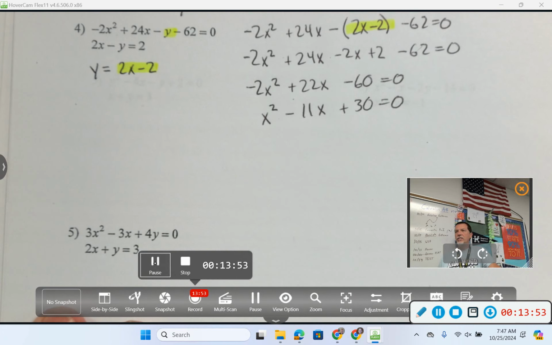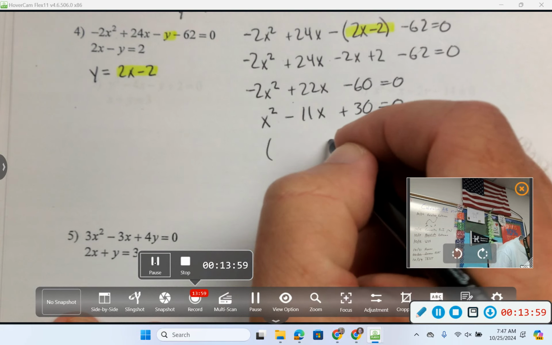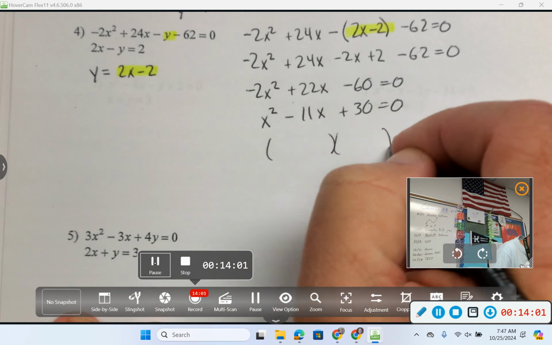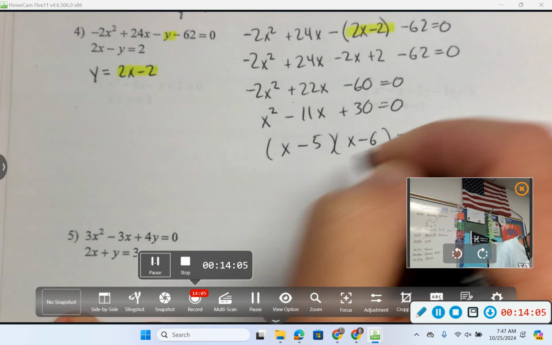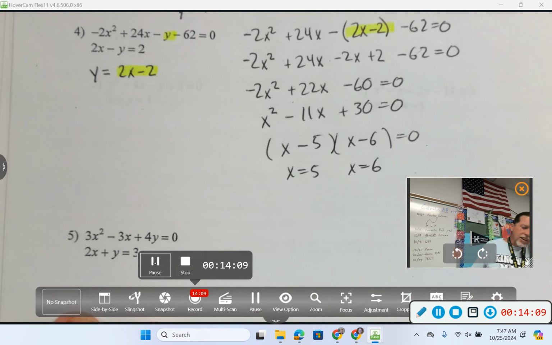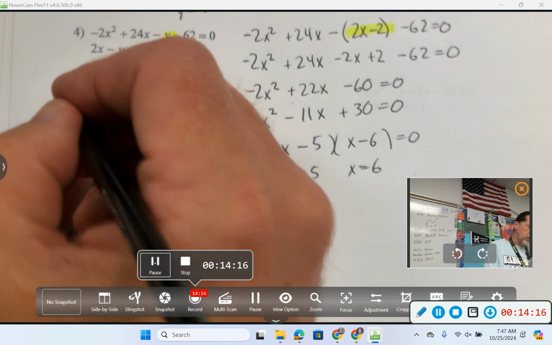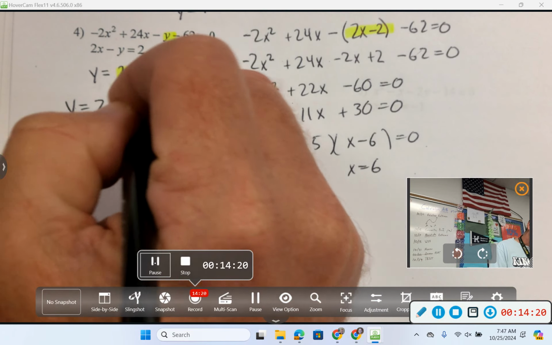But that factors. Speaking of factoring, we still need to know how to factor, which is just good news for 95% of you. X minus 5, x minus 6. So x equals 5 and x equals 6. But I've already got a y equals here, so y equals 2 times 5 minus 2.